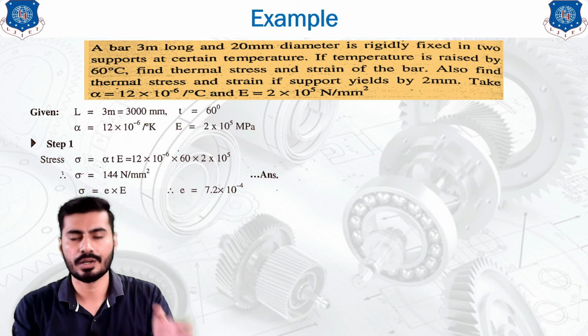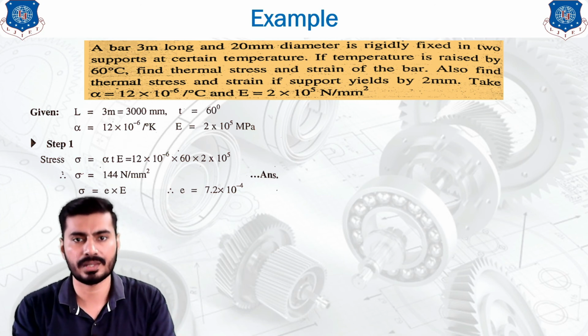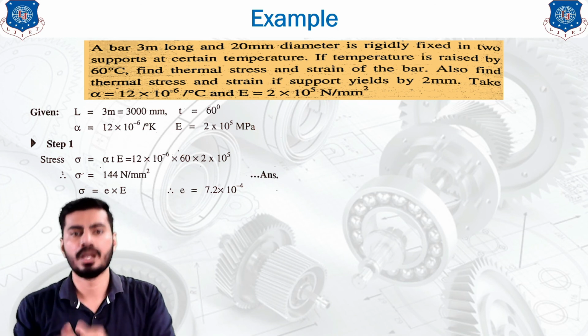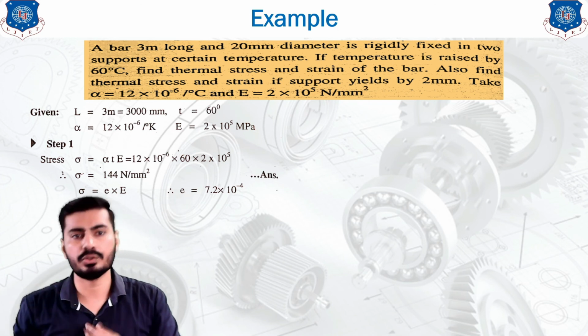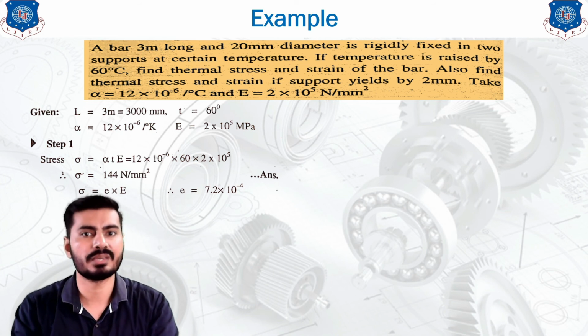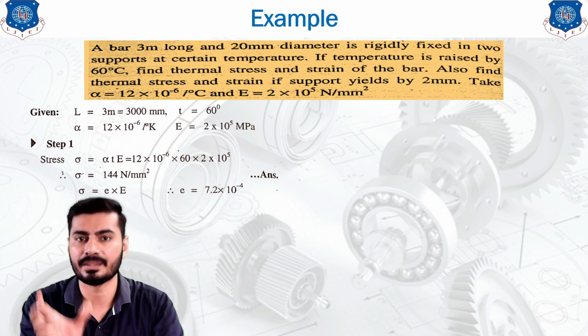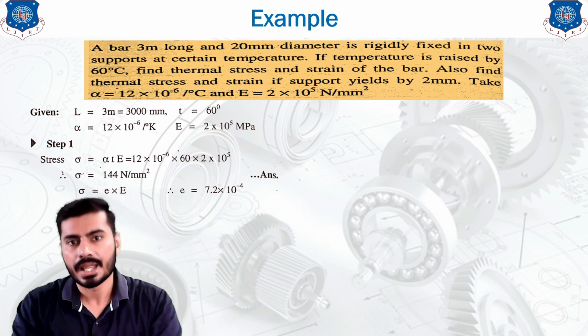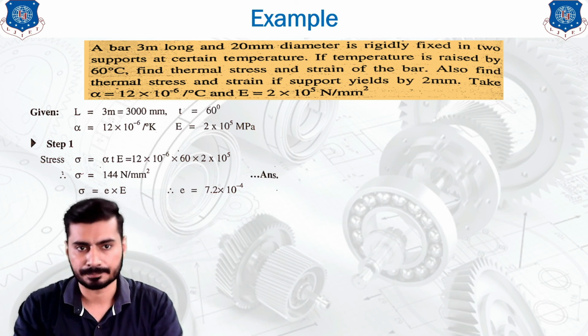Rewind the video and see that particular formula of the basic stress, which is alpha T into E. If you put in the values of alpha, T and E, which are all given, you can simplify by multiplication and get the thermal stress, which is 144 Newton per mm square.